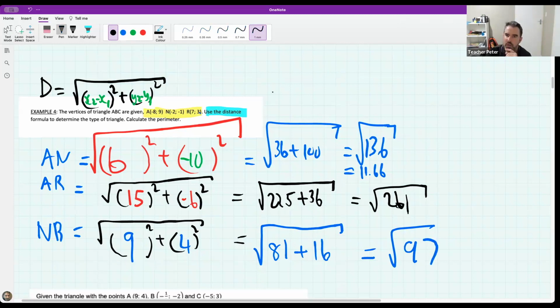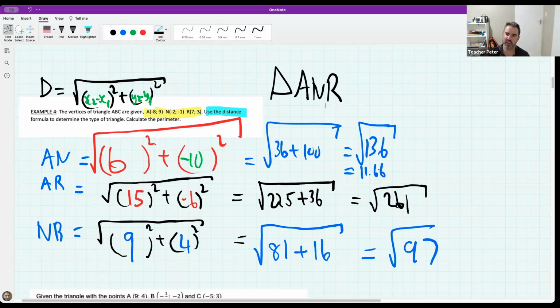So what type of triangle is triangle ANR? Give me a word to describe this triangle based on what you have worked out as distances.